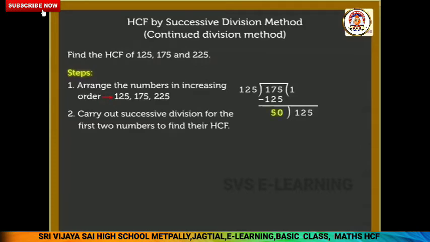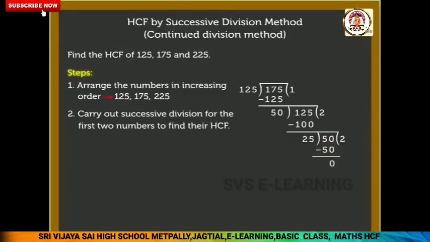We know 50 into 2 is equal to 100. 125 minus 100 gives 25. Now, 25 becomes the divisor and 50 becomes the dividend. 25 into 2 is equal to 50. 50 minus 50 is equal to 0.